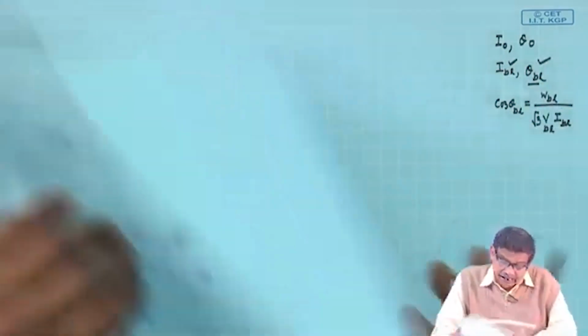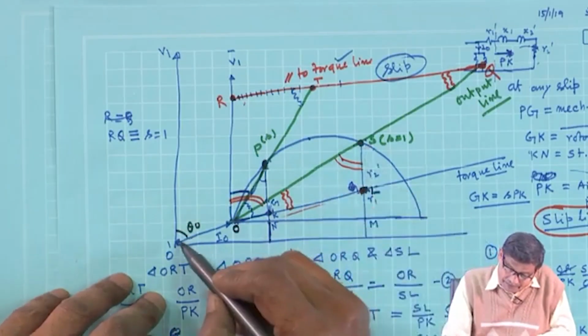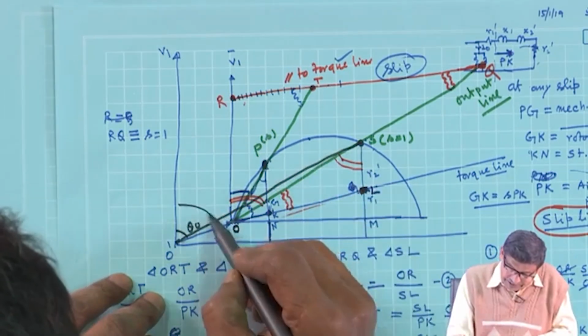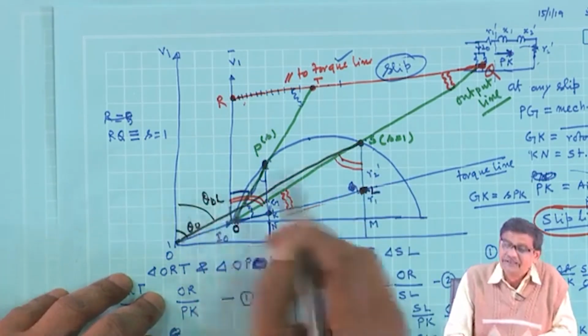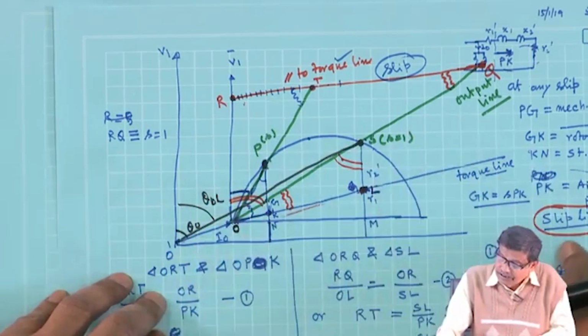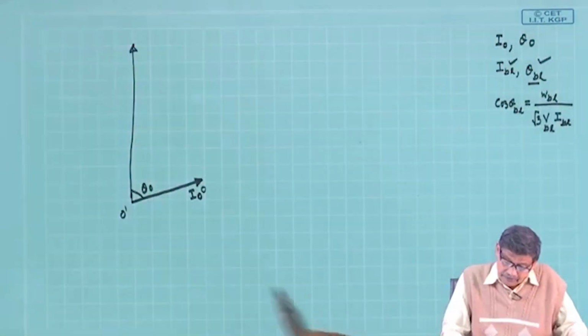Mind you, here where is that point? That point is here, S equal to 1. This is theta BL. Let me spoil this figure, but to understand what I am doing, it is S equal to 1 I am now looking for.